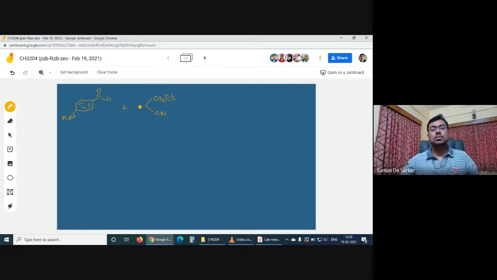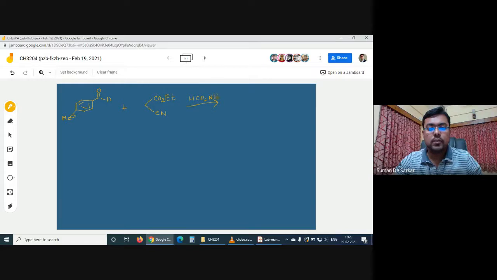That's why deprotonation from this position is pretty easy. In other words, the hydrogens of this carbon are more acidic, the pKa is low, so it can easily be deprotonated and generate the nucleophilic carbanion. So this is the thing. And what's the reagent we are using here?